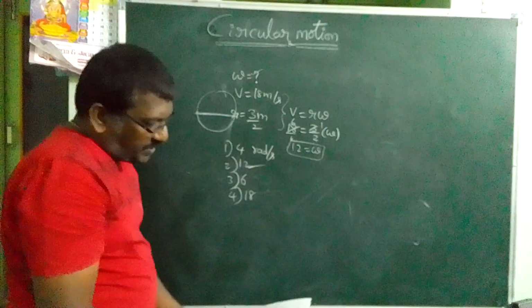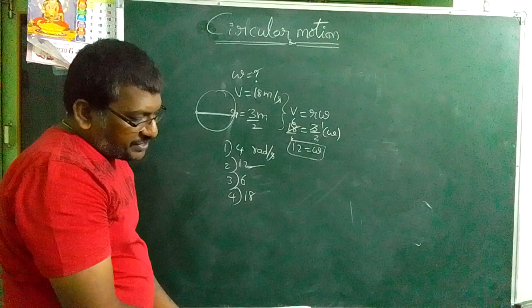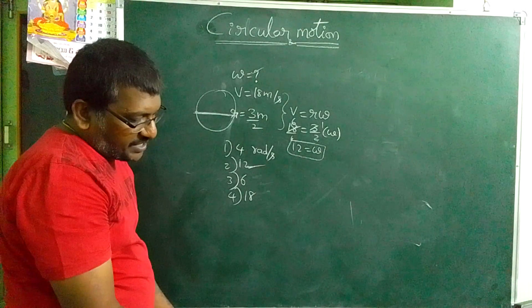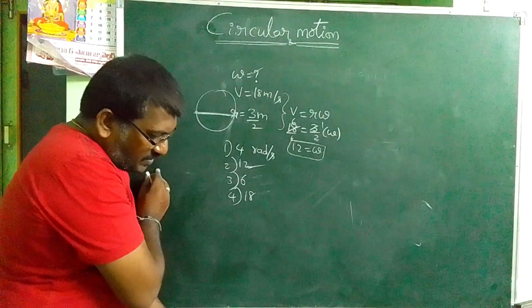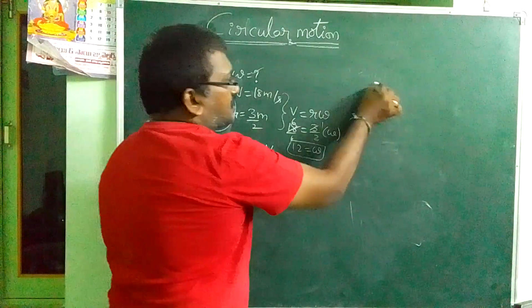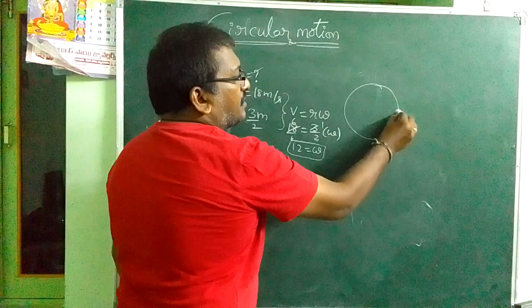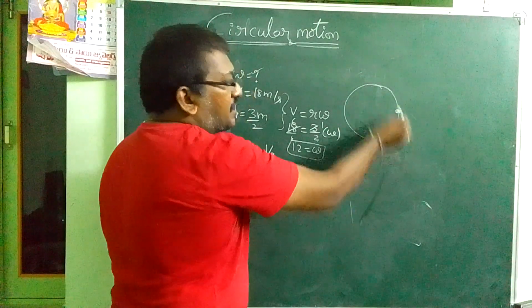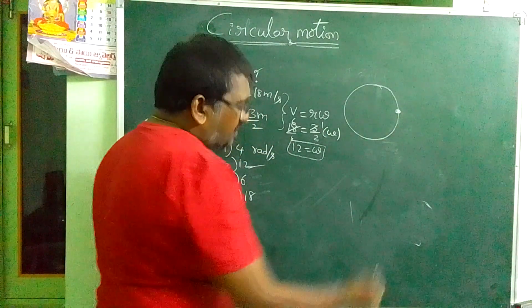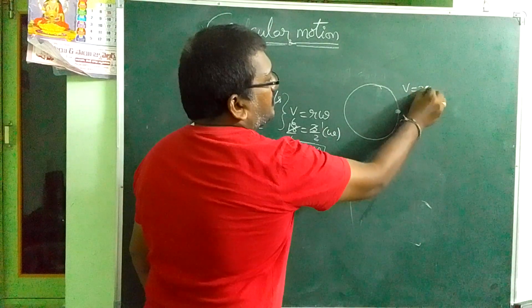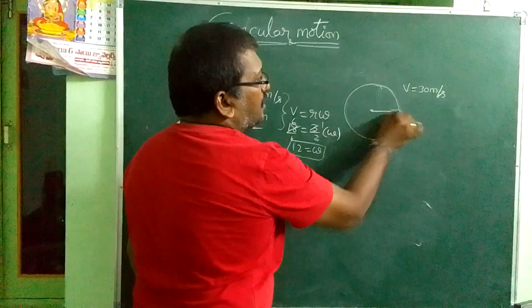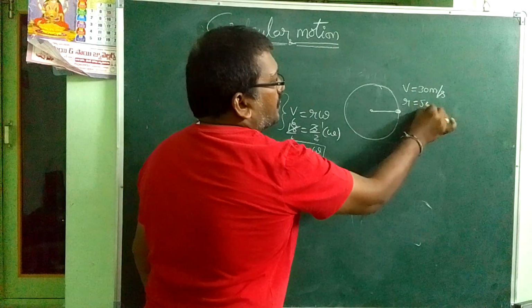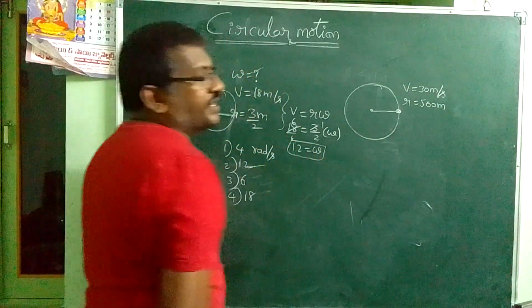Next, one more problem. A car is moving with a speed of 30 meters per second on a circular path of radius 500 meters. So this is the circular path, and a vehicle or a particle, as you wish, is moving with linear velocity V equal to 30 meters per second in a circular path of radius R equal to 500 meters.